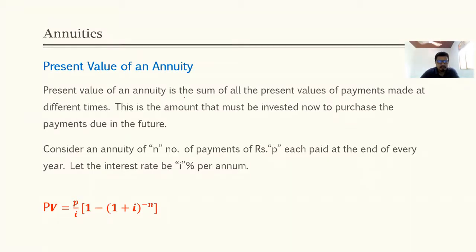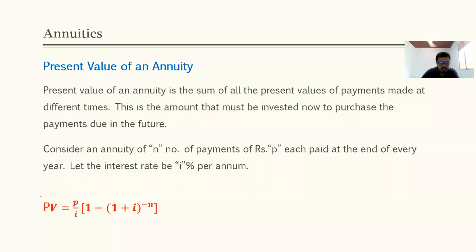Present value of an annuity is the sum of all the present values of payments made at different times. This is the amount that must be invested now to purchase the payments due in the future.